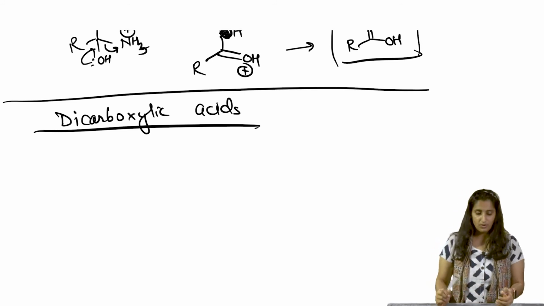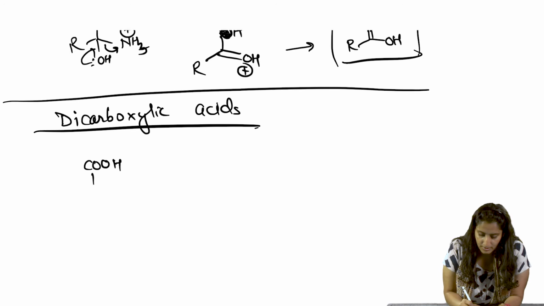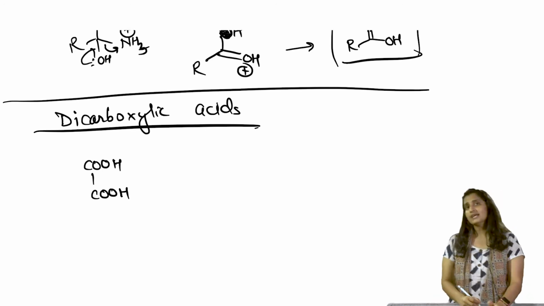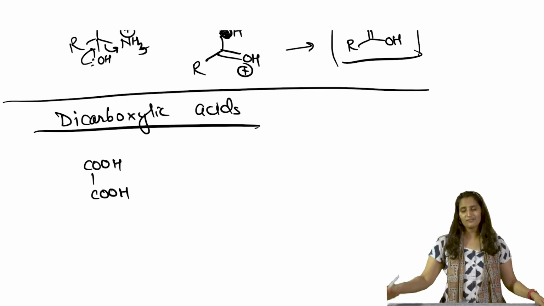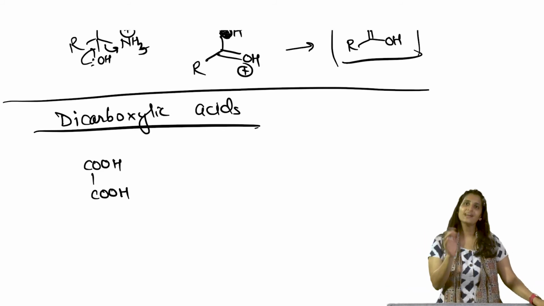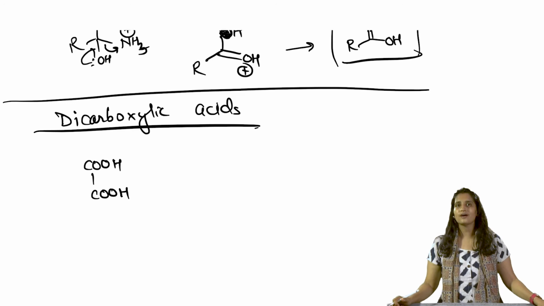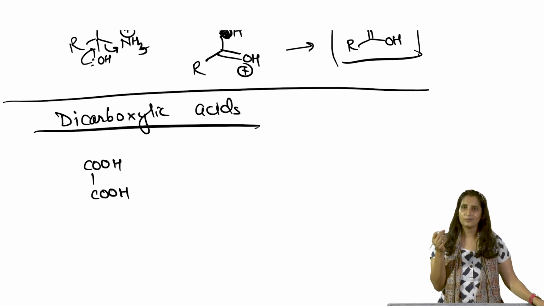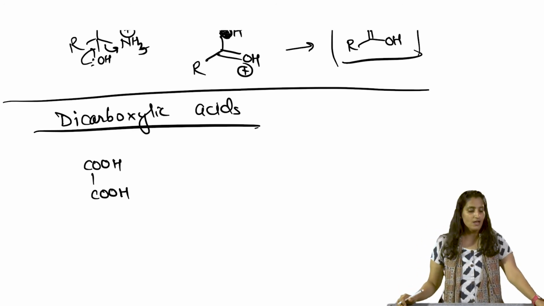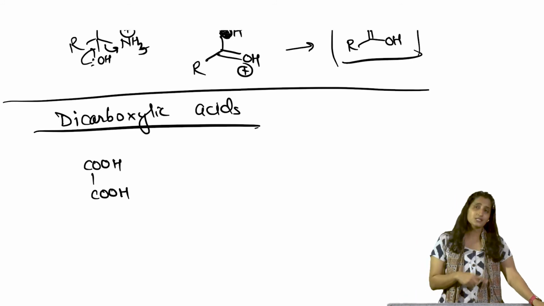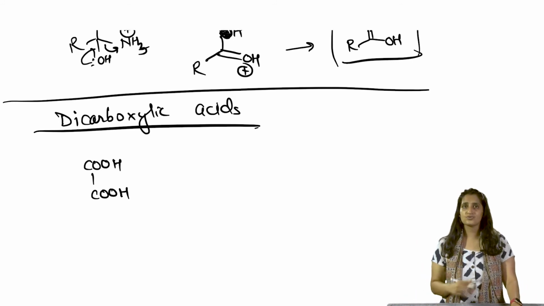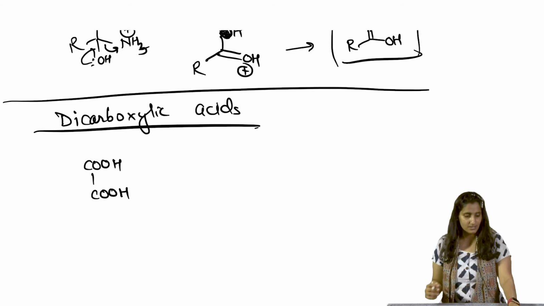So, we know oxalic acid, for example, it is the simplest dicarboxylic acid. You might have used it in analytical chemistry to figure out the exact molarity of NaOH solution, but it is also used as a bleaching agent, and it is used very often in the paint and pigment industry.